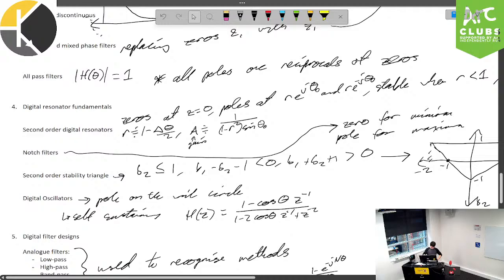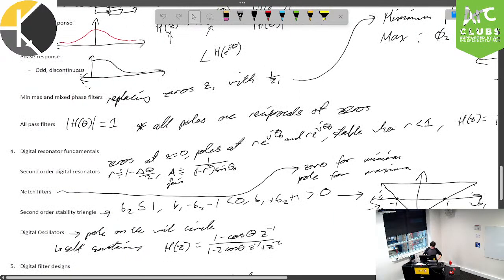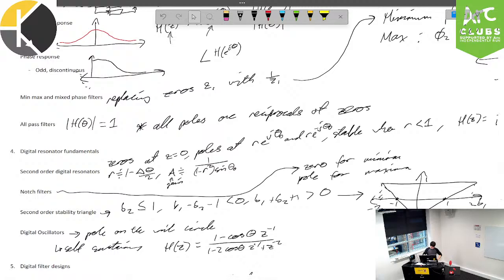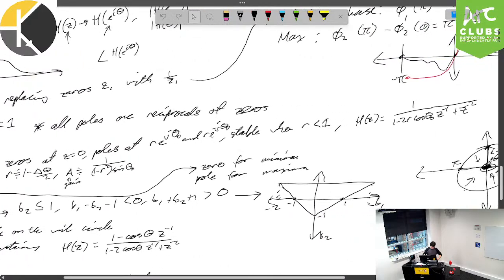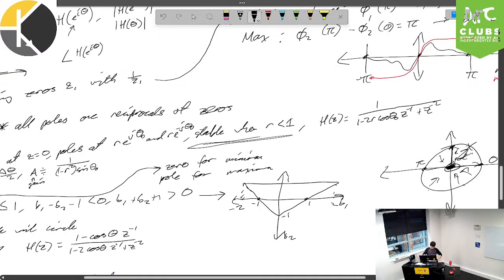Anyways, just getting back to the point, second order digital resonators, we place the zeros at 0, and the poles at re to the j theta 0, and re to the minus j theta 0. This will be a stable resonator when r is less than 1. It'll just have a gradual decay.